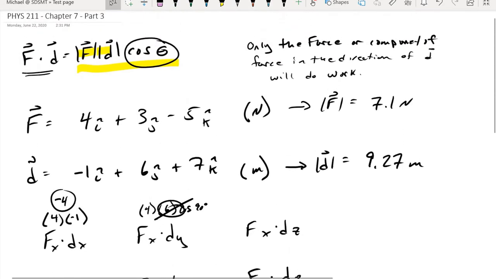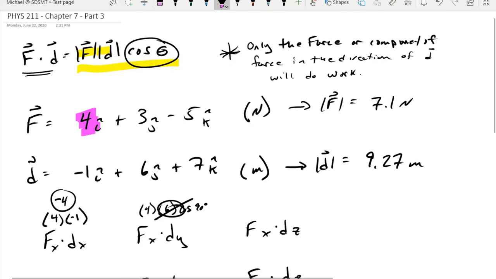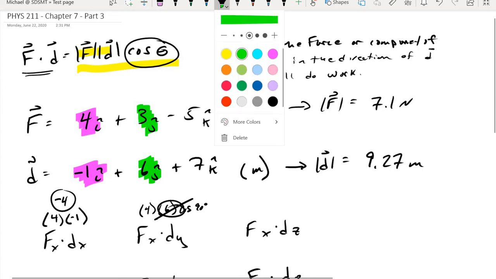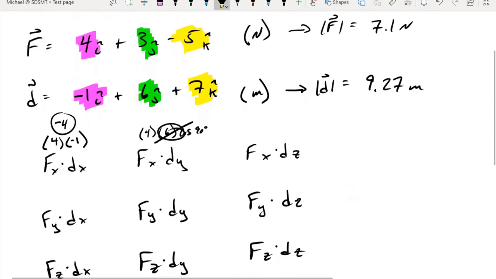And this goes back to our concept statement up here that says that only force or component of force in the direction of displacement will do work. Well, that means that only the x component of force will do work along the x direction of displacement. And we should only expect the y component of force to do work along the y component of displacement, and the z component of force to do work along the z component of our displacement.